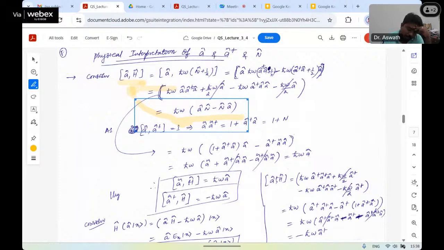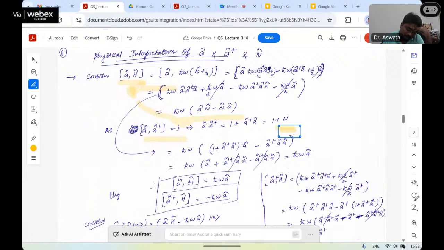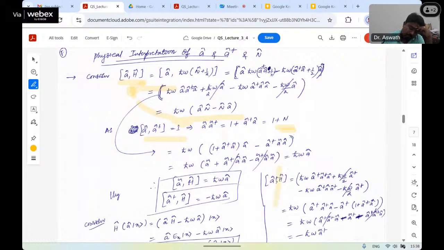In fact, what I have is A dagger equal to 1 plus N. Using that relation, I can show that the commutator of A with H is ħω A, and the commutator of A dagger with H is minus ħω A. So that is very interesting to see.